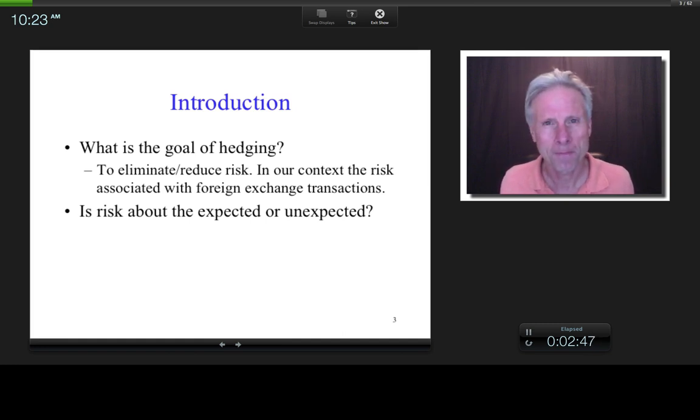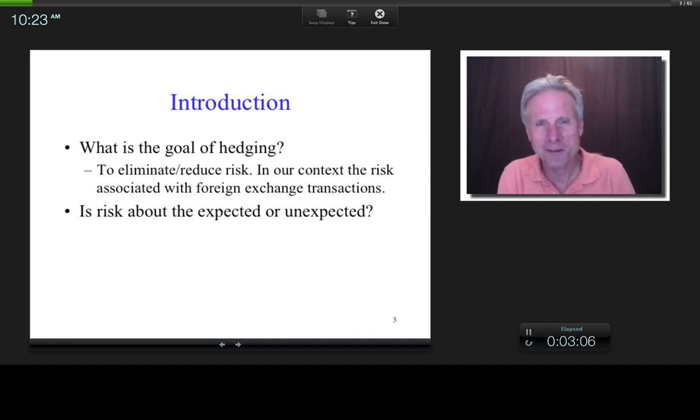Unexpected, right? First of all, does the market have an expectation of what the exchange rate will be for, say, the yen in 3 months? It does, right? We saw that in the last lecture, with the forward market and the futures market.